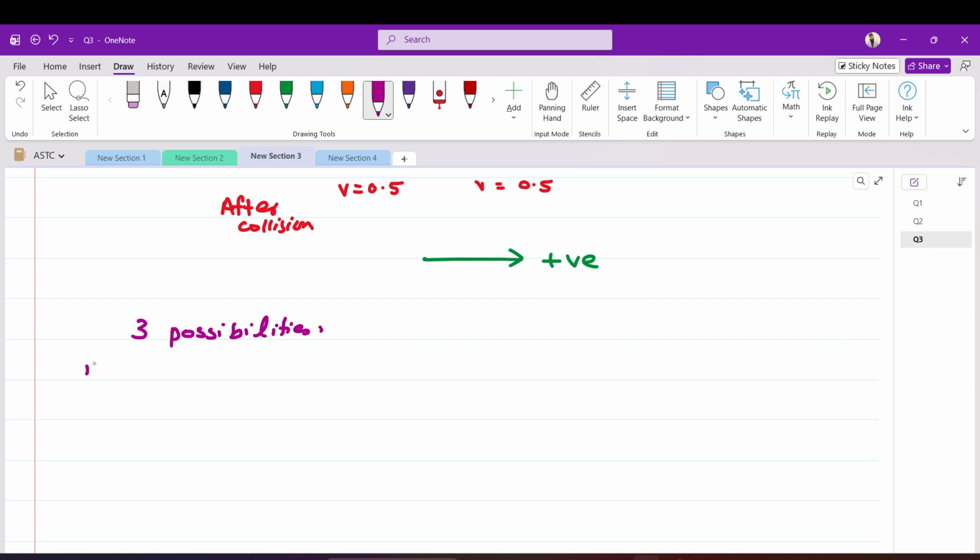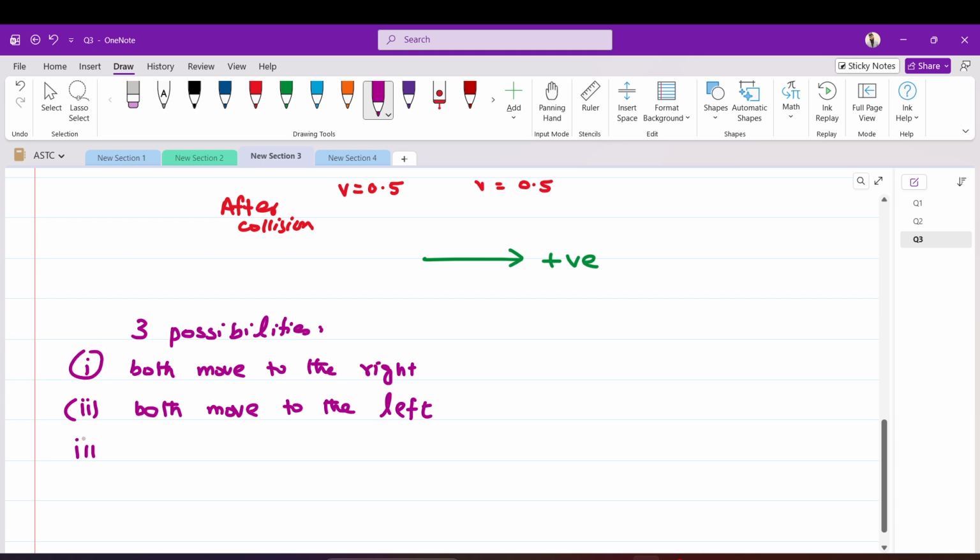The first one could be that both move to the right. Okay. The second possibility could be that both move to the left.